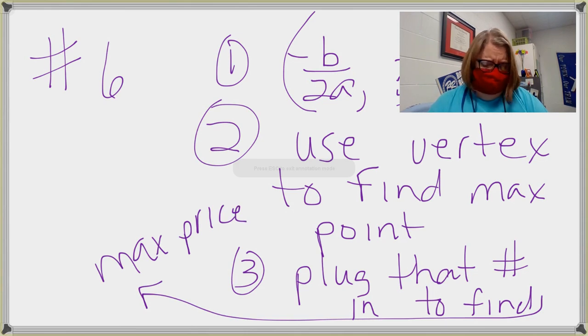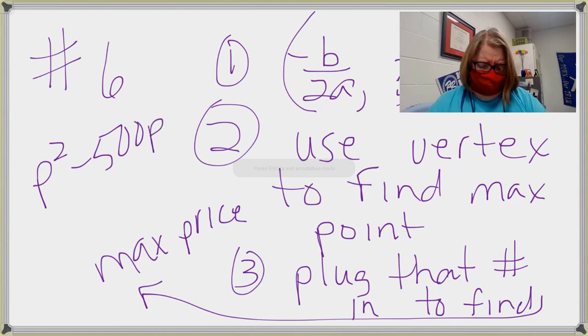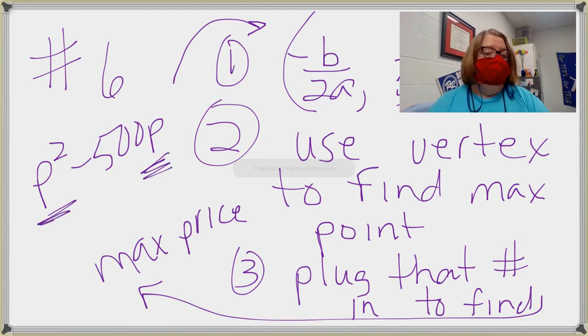So take the equation that they give you, something like p squared minus 500p. Use negative b over 2a, find your vertex. Whatever number you get from your vertex, plug that into your equation for the p's, and that number is the answer to your problem.